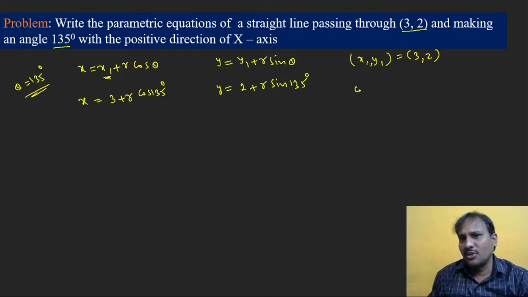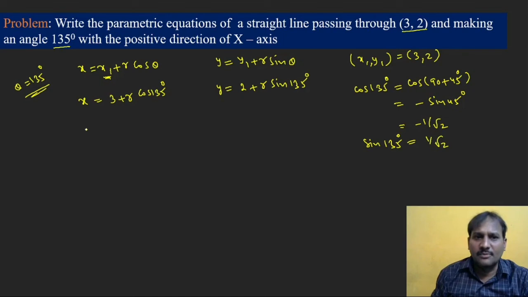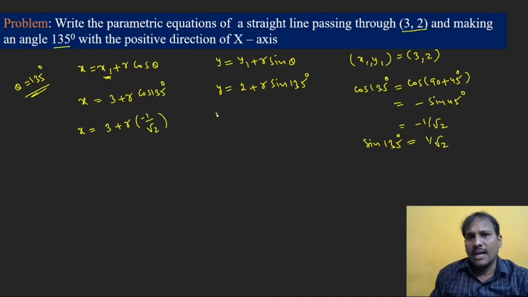Let us substitute the values of cos 135 and sin 135. Cos 135 is cos (90 plus 45), which is equal to minus sin 45, that is equal to minus 1 by root 2. And sin 135 is equal to plus 1 by root 2. Substituting, x is equal to 3 plus r into minus 1 by root 2, and y is equal to 2 plus r into 1 by root 2.